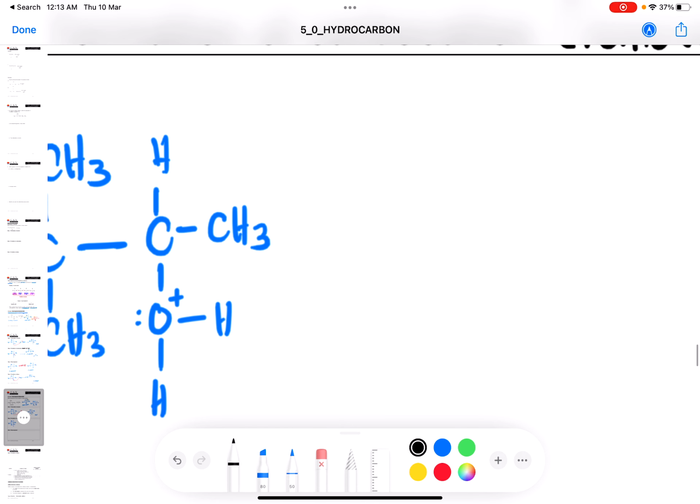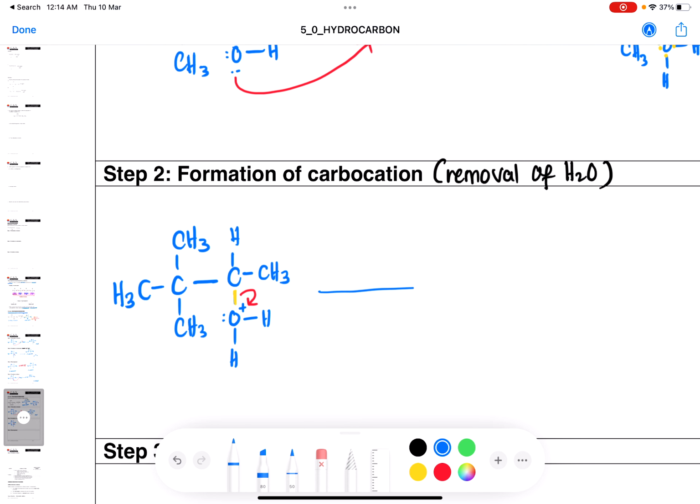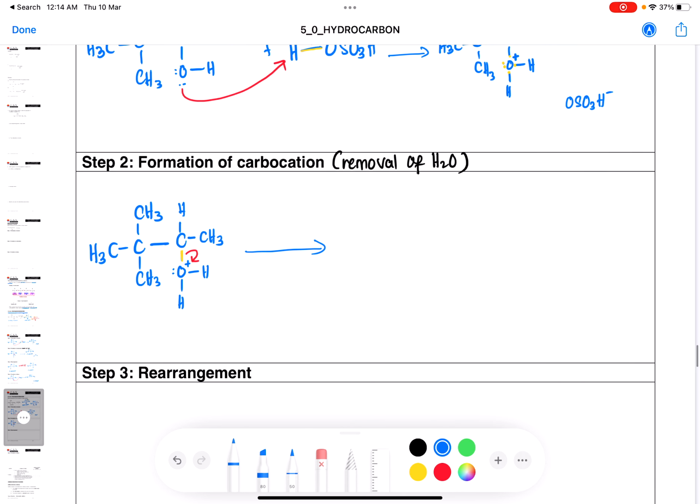So this bond will undergo heterolytic cleavage to produce what we call H2O. And at the same time, a carbocation is produced. Yeah, this is produced. Right?